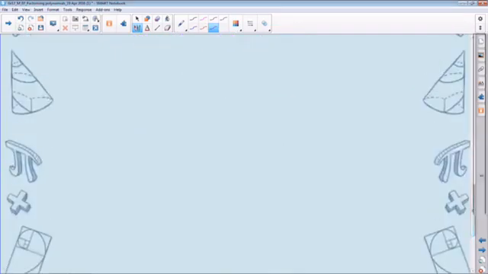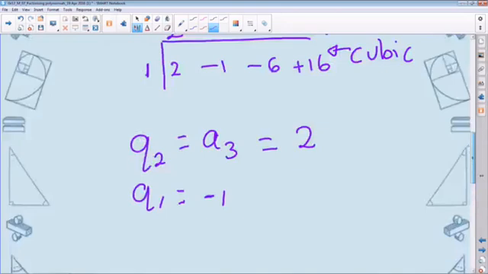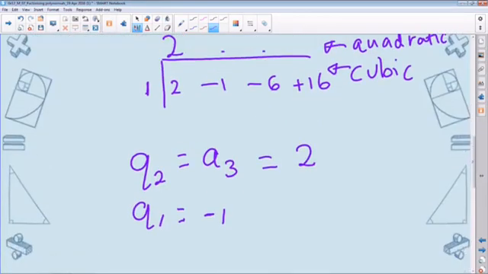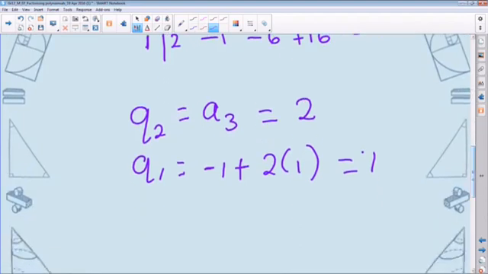So we're going to say minus 1 plus the quotient which we just worked out, which was 2, times my divisor, which is 1. And that gives me an answer of 2 minus 1 is just 1. And that's what I'm going to put up as Q1. All right? Then we need to work out Q0, which is the coefficient of your constant term.